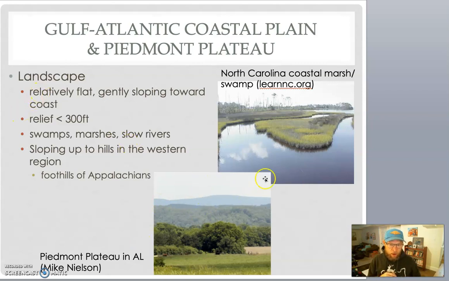This picture at the bottom shows we're standing in the Piedmont Plateau looking up into the Appalachian Mountains. Over those two entire physiographic regions, we have a change in elevation of only about 300 feet. So relatively flat, very little elevation change.